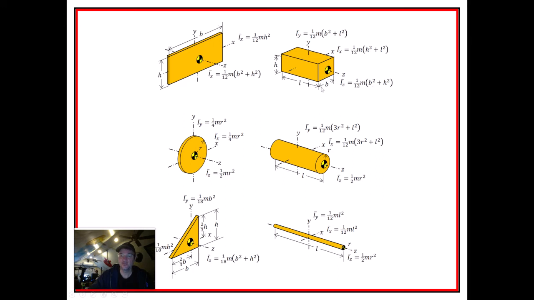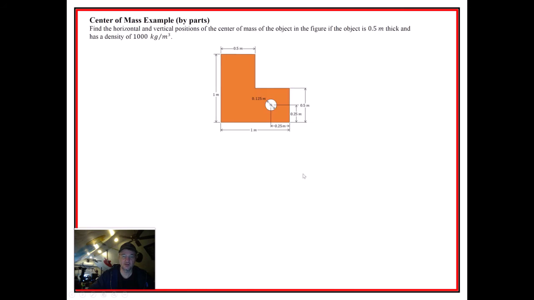So it's base squared plus height squared, times mass, divided by 12. Just a refresher, because we'll need it again. Doing it about the center of a disk or about a cylinder, either one is 1/2 mass times r squared right there.